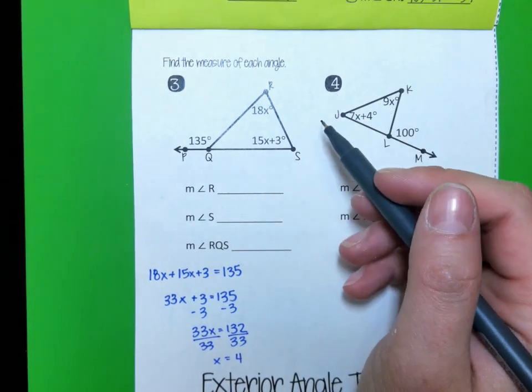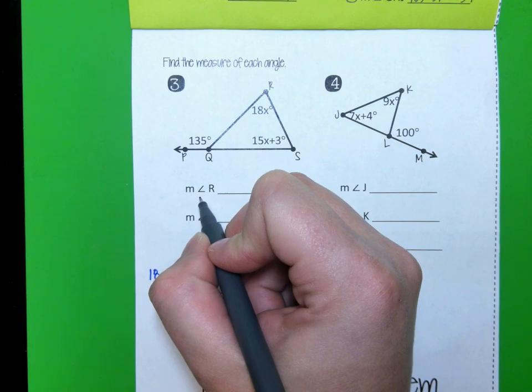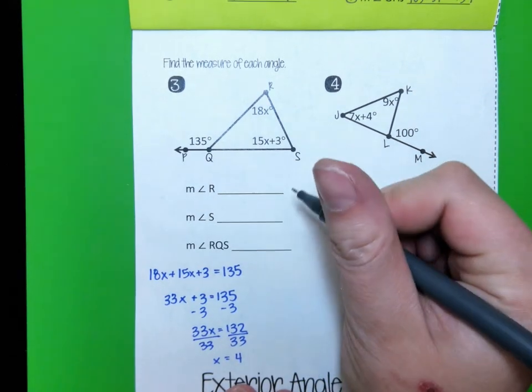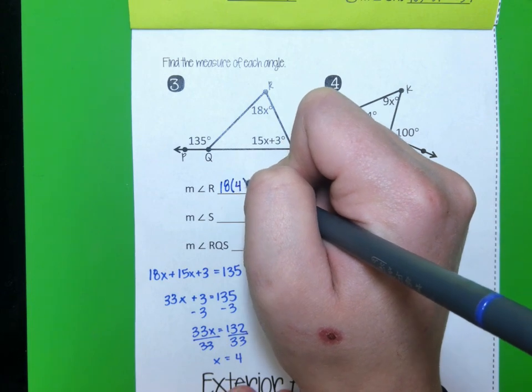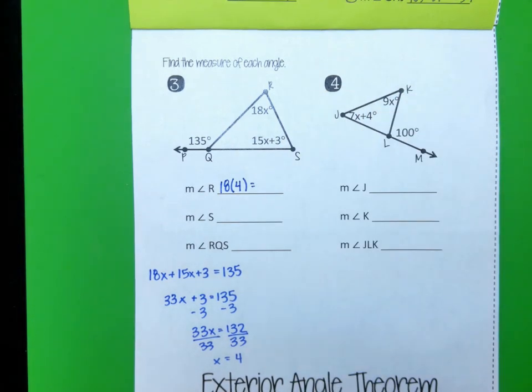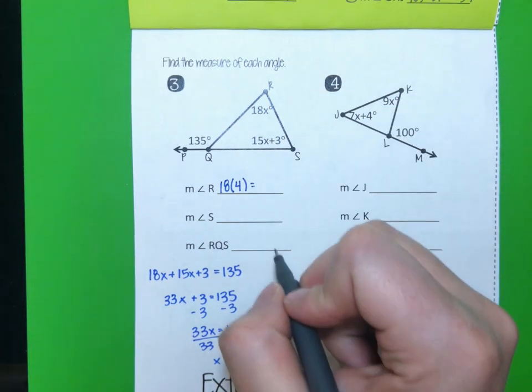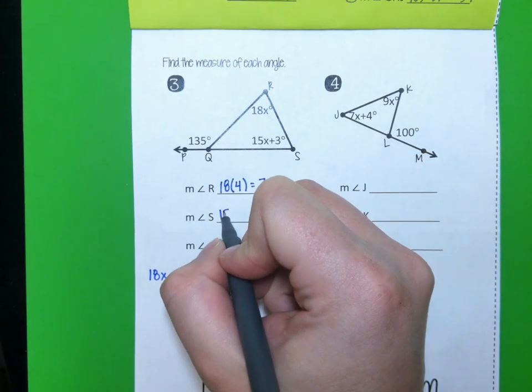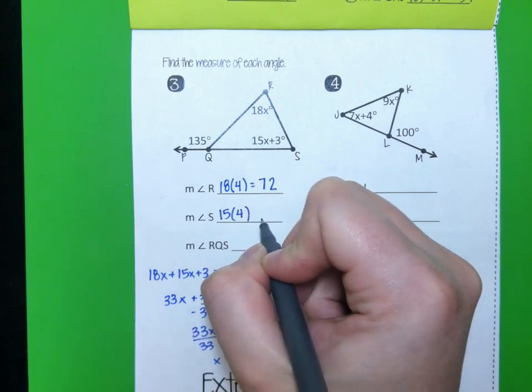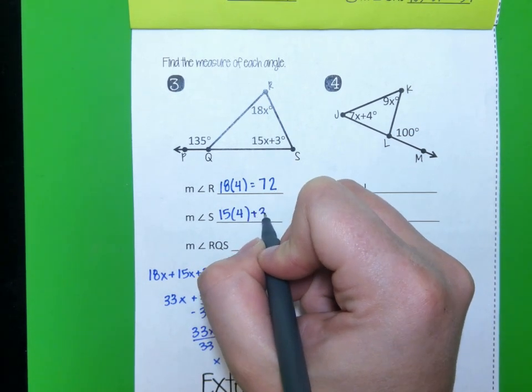It actually wants your angles. So to find the measure of angle R, you plug it in. You have 18 times 4, which is going to give you 72. You have 15 times 4 plus 3, which is going to give you 63.